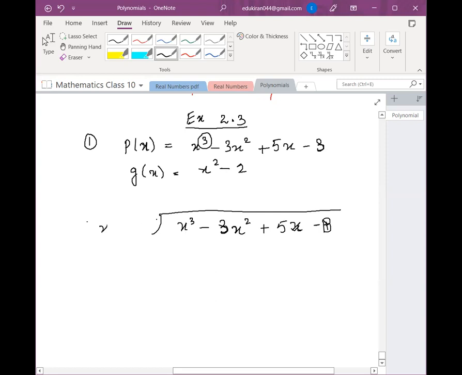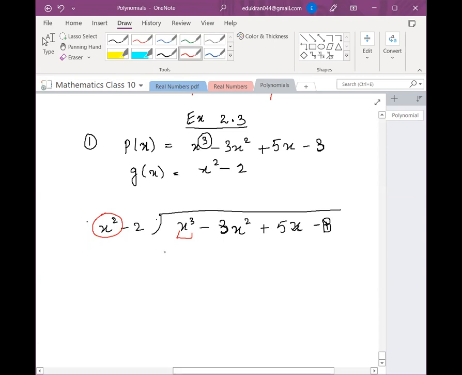And here I have x square minus 2. Look at the first term: I want to get x cube. So what do I have to multiply x square by to get x cube? X.